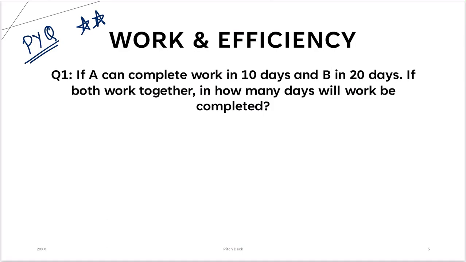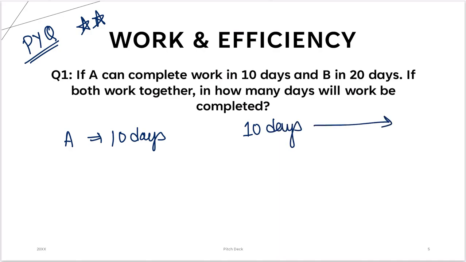Now, if A completes the task in 10 days, suppose the total work is 1. This is the unit of work. I hope you remember a few slides back, we took the unit of work as 20.